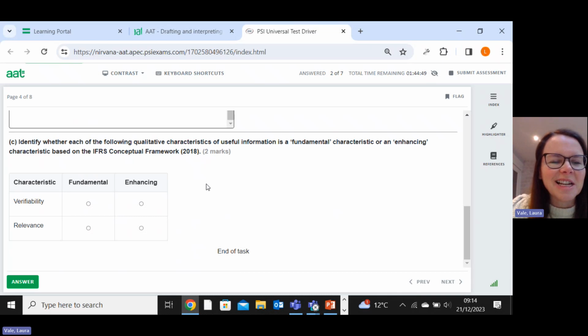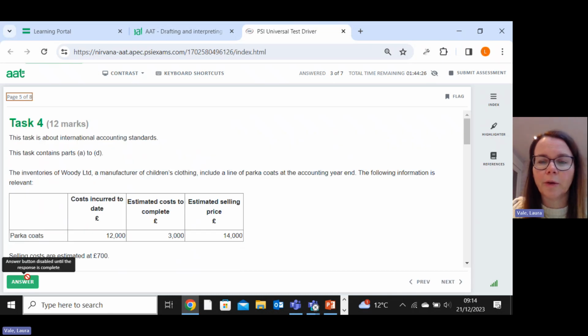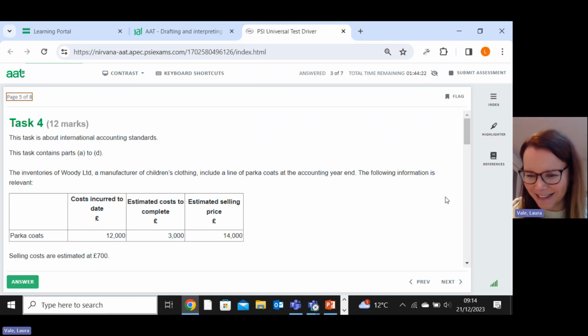Well, I've learnt this. So I know that the fundamental ones are relevance and faithful representation, and the 4 enhancing ones are verifiability, understandability, comparability, and timeliness. So that concludes task 3. Sorry.